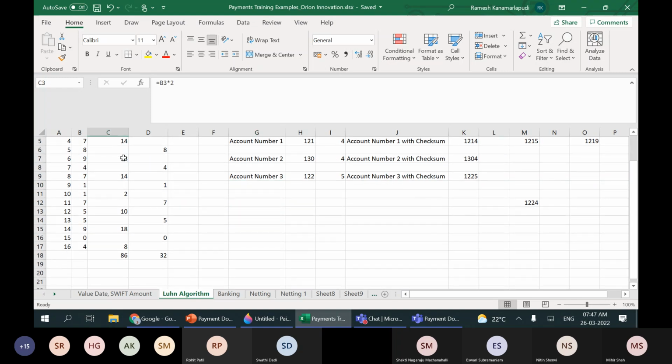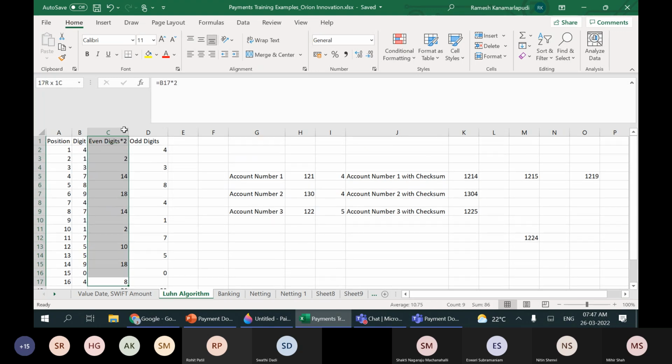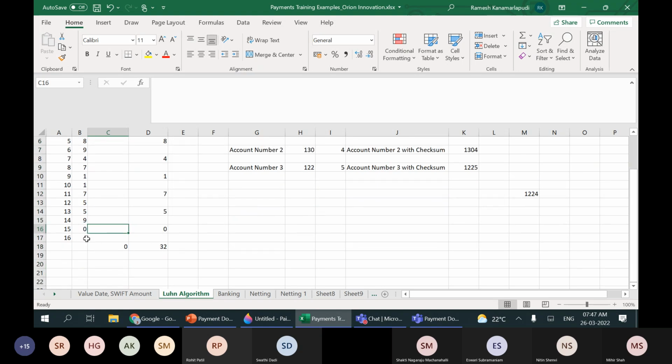I'm sorry. For the even numbers, the multiplication has to be taken from the second digit from the last. Effectively, I made a small mistake here. The last digit is a checksum. So the second digit from the last should be multiplied by 2, similarly the fourth digit from the last.